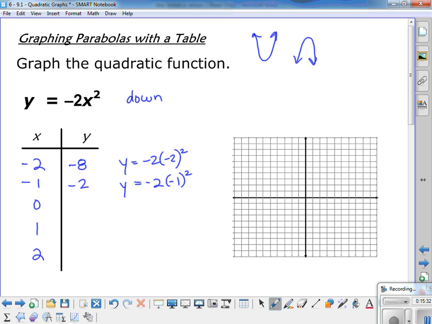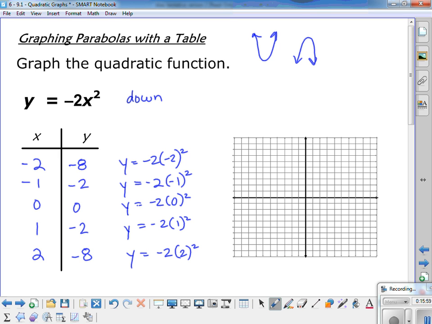I get -2 for y. What about if I square 0? It's just going to be 0. Now if I put in a +1, I'm going to get -2 again. And when I put in a +2, I get -8 again, because 2 squared is 4 times -2, I'm back to -8.